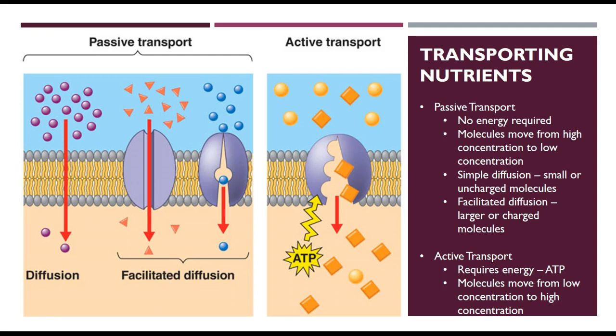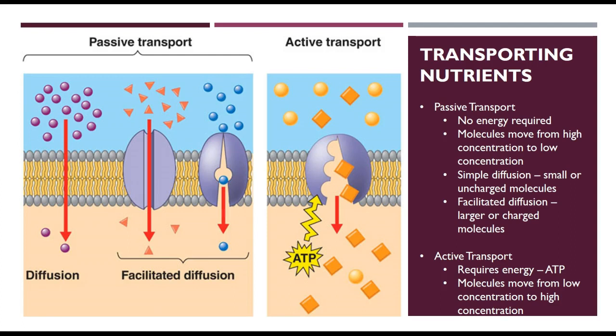If you have a glass of water and you put some food coloring in it and you don't stir it or do anything, eventually the food coloring spreads throughout the glass of water, and over time the whole thing is equally the same shade of blue. This is diffusion. Diffusion is the movement of molecules from high concentration to low concentration.